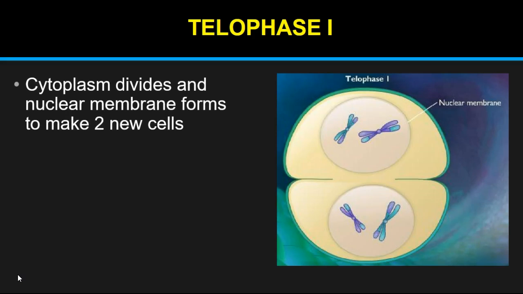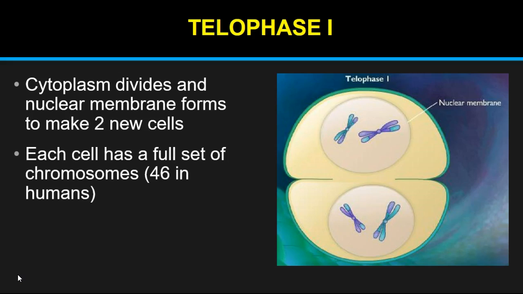And in telophase 1, the cytoplasm divides between the two cells, and a nuclear membrane forms around each set of chromosomes. And this makes two new cells. And each cell still has a full set of chromosomes. In a human, that would be 46 chromosomes.